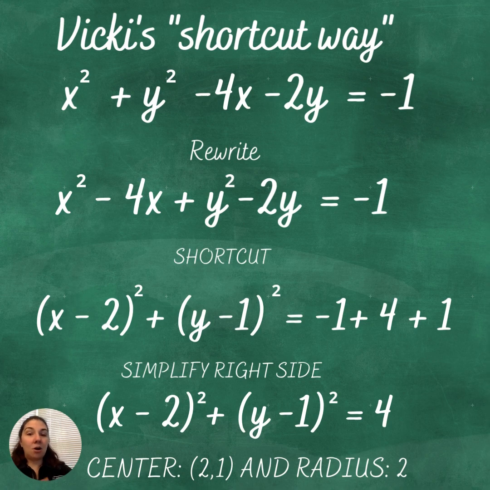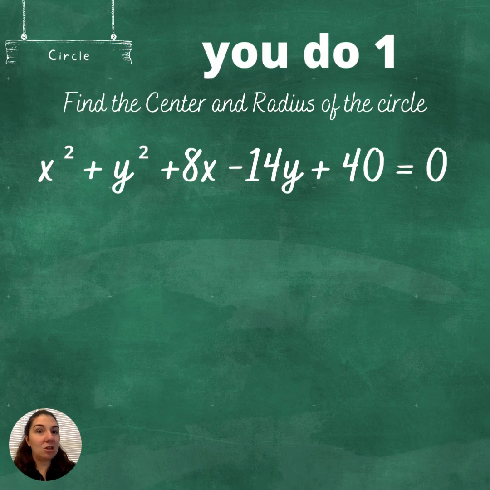So here are 2 examples I'd like you to do. Again, if you don't want to do them, that's fine. There will be a video later with how to do them, the way that I do them. If you want me to show you the longer way, just let me know. So here's the you do number 1. Again, these problems are from Marie Quintano. She and I used to teach together, and these problems are from the notes she created.